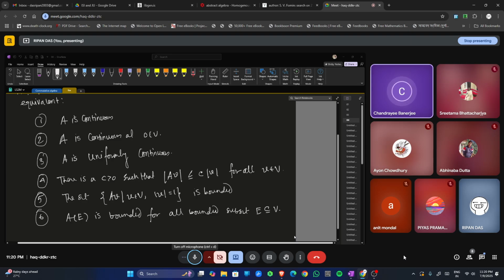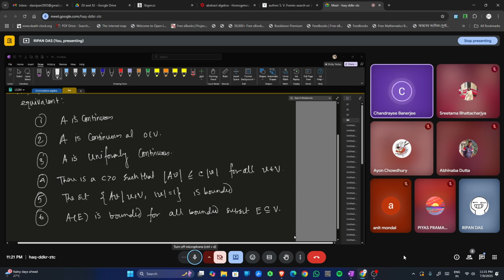I have assumed that A is continuous at 0 and am trying to prove that A is continuous on the whole of V. Go ahead. I have taken x naught belonging to V, and so x naught will have a certain norm, say capital M. Since A is continuous at 0, for any epsilon greater than 0 there is a neighborhood of 0 for which the continuity holds.